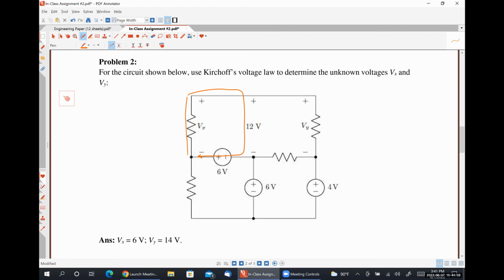Right, yeah, so we're just taking the difference between different nodes and then going around in a loop until we wind up at the node we started from, right? So the path that I've outlined in orange here is a path that you could take to solve for the voltage Vx, because it's the only unknown voltage drop around this particular path.